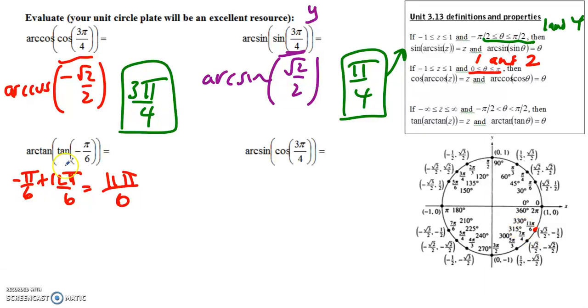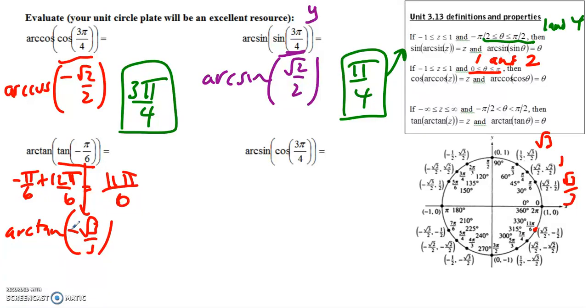So what we want to do is find the tangent at negative pi over 6. Remember, we have root 3 over 3 here, 1 here, and root 3 here for our tangent ratios. So 11 pi over 6 is a 30-based angle. So my tangent would not be positive root 3 over 3, but in the fourth quadrant would be negative root 3 over 3. And now we want to find the arc tangent of negative root 3 over 3.